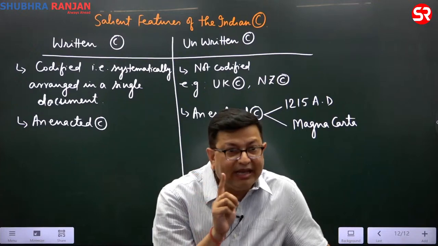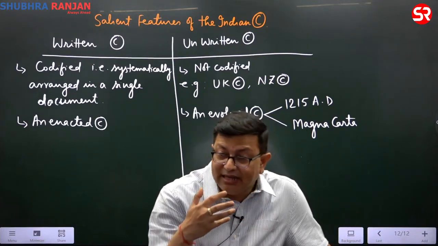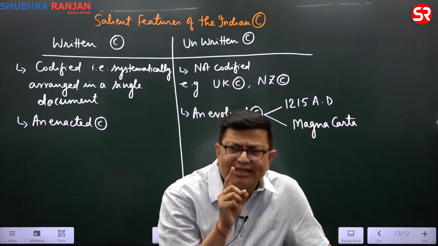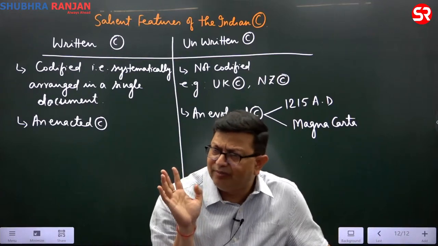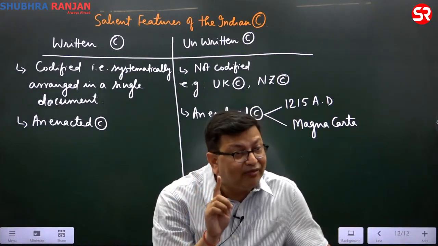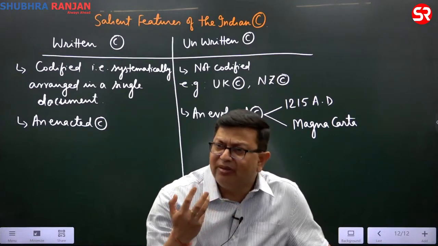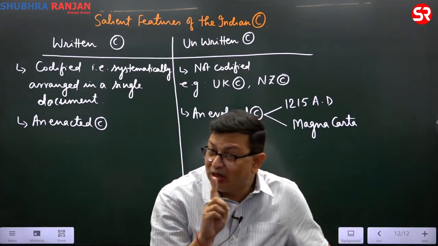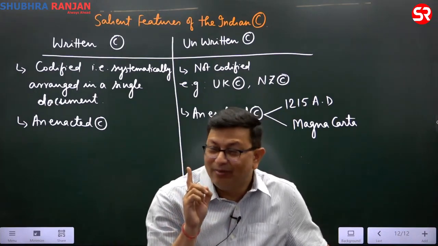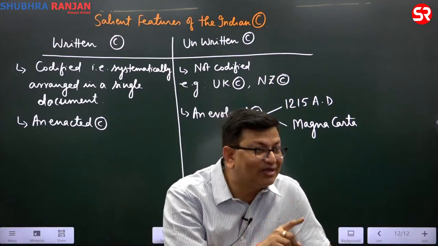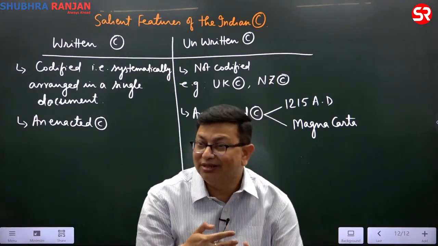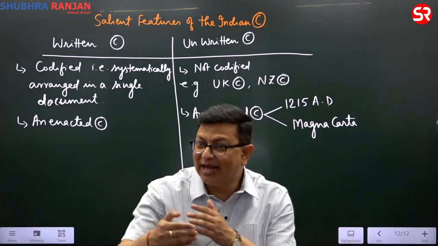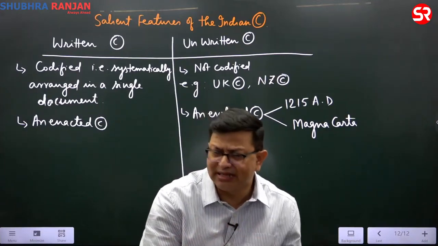No doubt, every constitution evolves through time, because change is the only unchanging reality of this world. But in the case of India, how the constitution will be changed is mentioned in the constitution itself, which is not there in Great Britain, because no constituent assembly was there. It is gradual evolution: today this law is made, tomorrow that law will be made, with the times and circumstances.